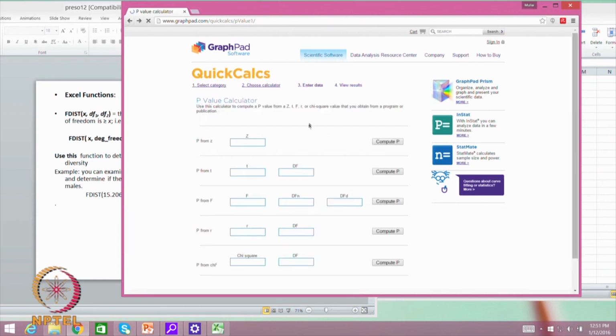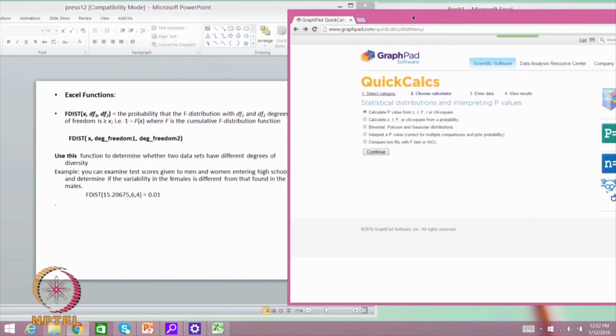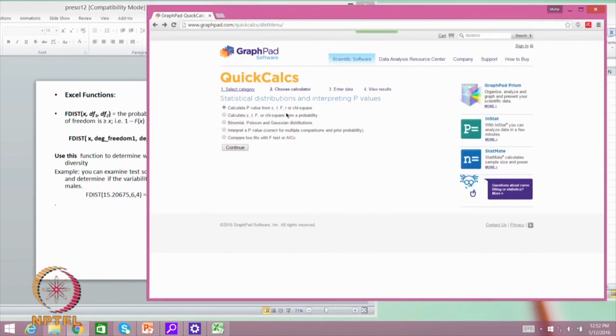So, we can use both these functions in this software. This gives you exactly whatever the F dist function gives you, the probability value for a given F ratio and degrees of freedom, whereas this one gives you the F value when I give the probability of 0.05 and the numerator degrees of freedom and the denominator degrees of freedom.